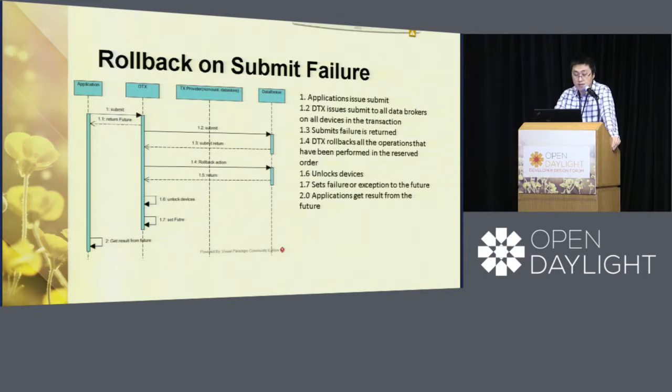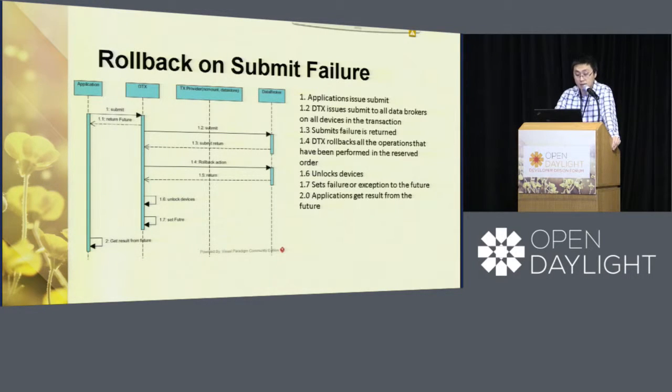So the submission is executed in parallel, and DTX will wait for each data broker and each device for the return value of the submission. Suppose there are no errors, 1.3 will go to 1.6, and a good result will be returned to the application.